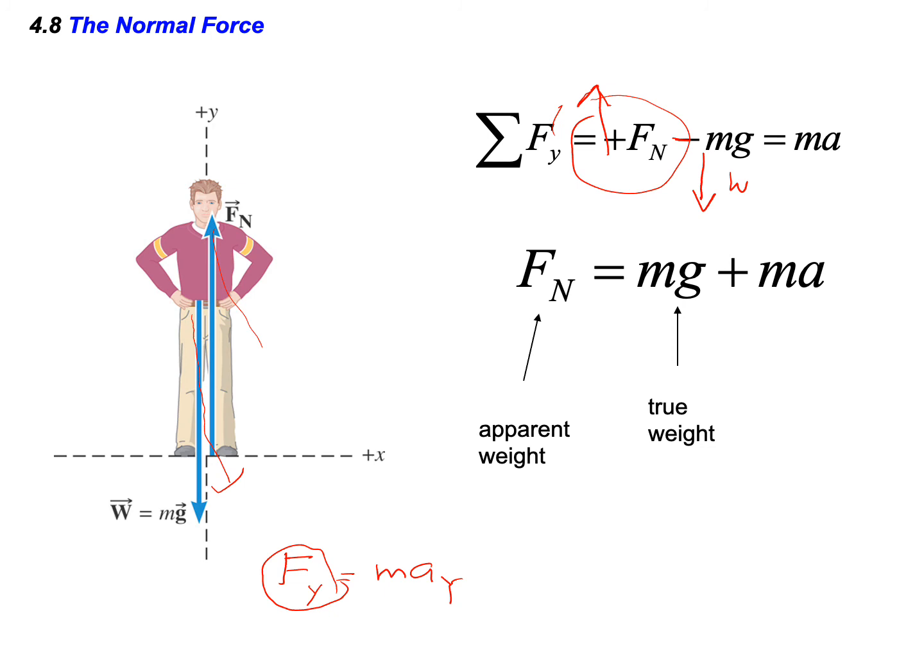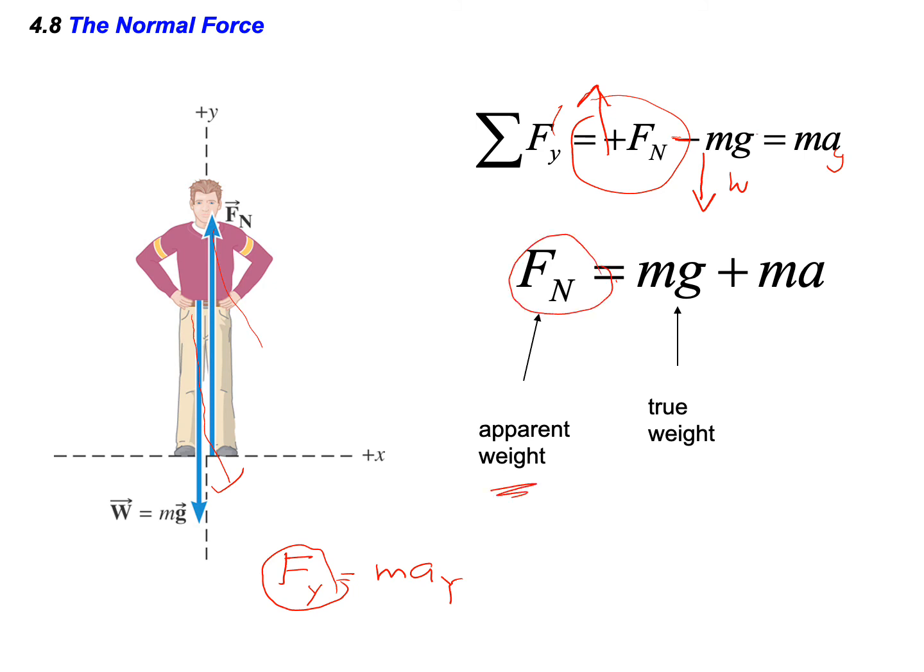Make sure you use the right signs, because weight points down, so you put a negative sign. So the net force is the normal force minus the weight, which is equal to mass times the acceleration of the elevator along the y direction.